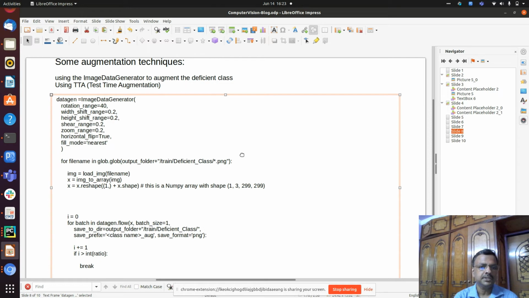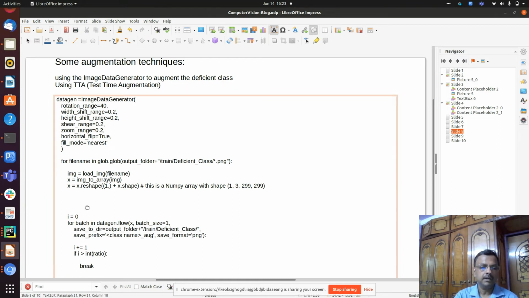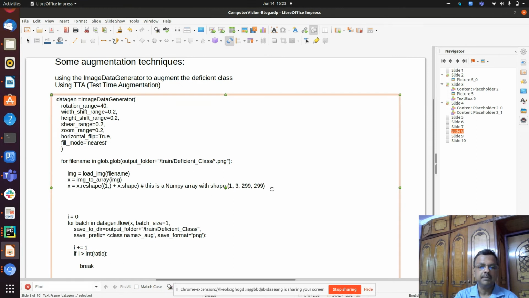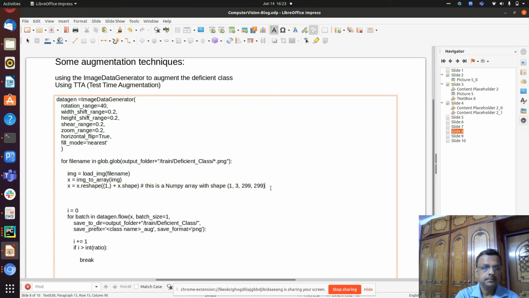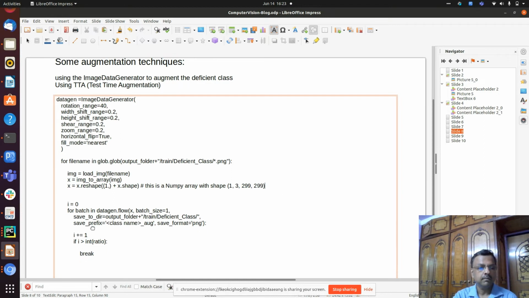So, in such a situation, how do we take care of that is something we have to think about. And we might want to use the image data generator with a save to directory. So we use the image data generator to generate additional samples of the deficient class and save them till my ratio becomes 1 is to 1 of both the classes, 100 is to 100 of both the classes, whatever value we set.